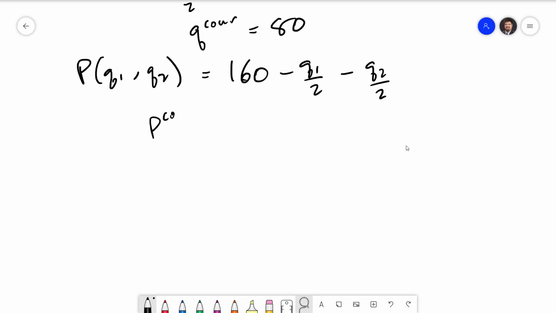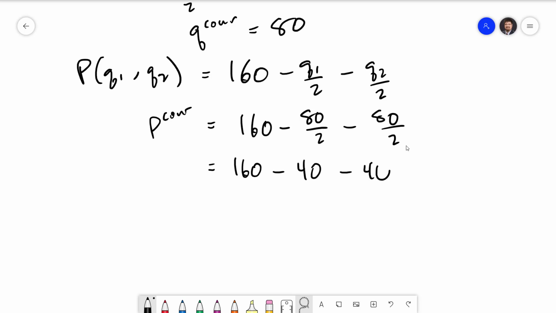So our Cournot equilibrium price will be 160 minus Q1, remember, is 80 over 2, and Q2 is also 80 over 2. Again, these don't have to be the same, but they ended up being the same because the cost functions were the same. Here we end up with 160 minus 40 minus 40, and so we get a final price of 80.